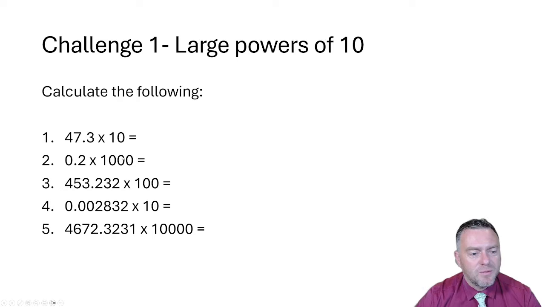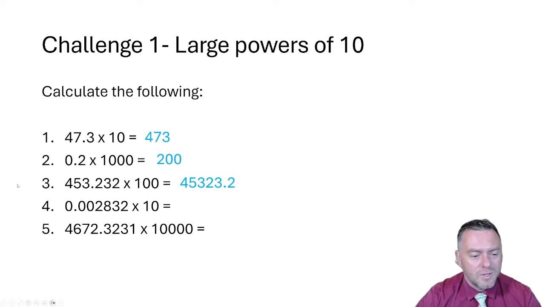Awesome. For the first one, 47.3, if we shift that across, it goes to 473. The next one, 0.2 times 1,000, we're going to shift the decimal place across 3 times, and we get 200. Same with this one: we shift it across twice, so we get 45,323.2.